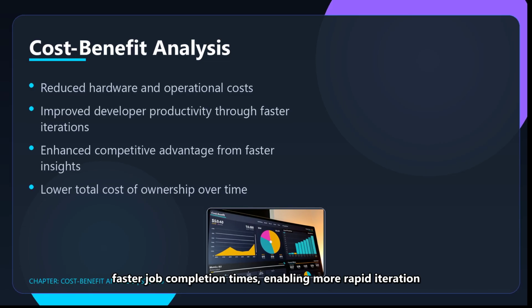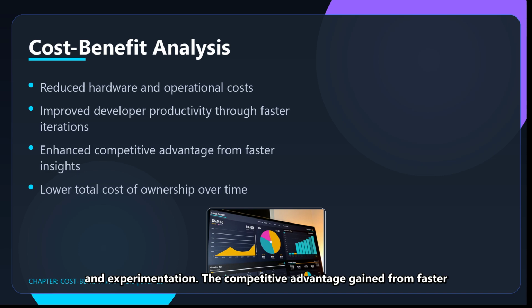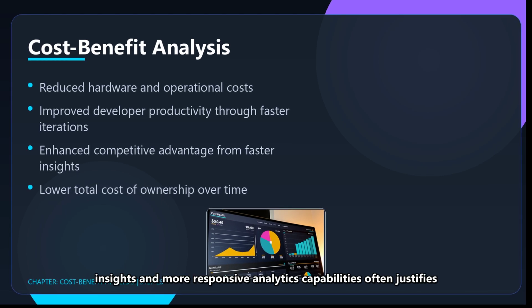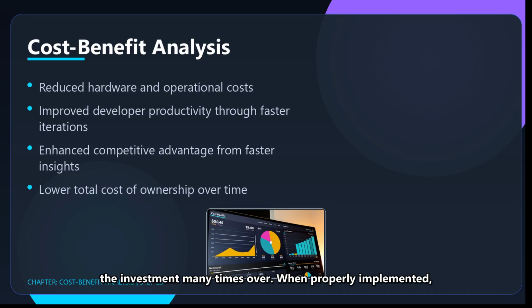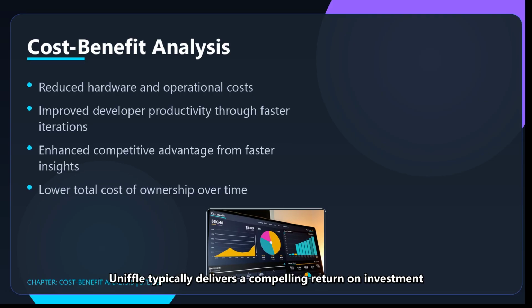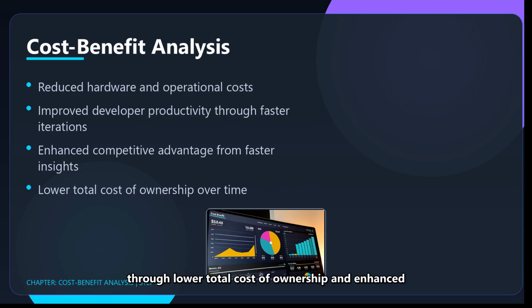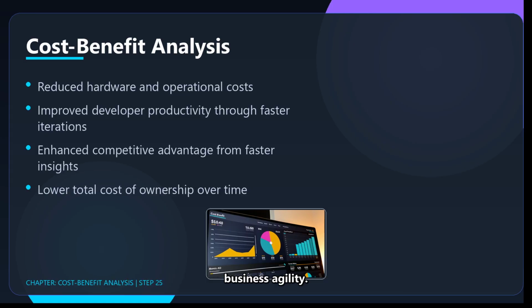Developer productivity improves dramatically through faster job completion times, enabling more rapid iteration and experimentation. The competitive advantage gained from faster insights and more responsive analytics capabilities often justifies the investment many times over. When properly implemented, Uniffle typically delivers a compelling return on investment through lower total cost of ownership and enhanced business agility.